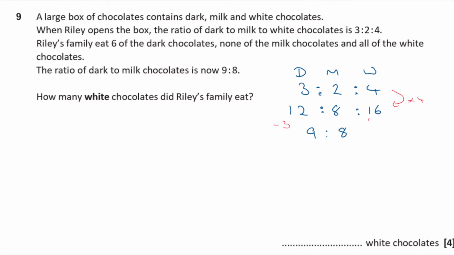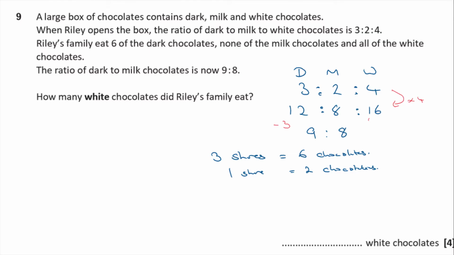So those 3 shares that got eaten were worth 6 chocolates. So 3 shares equals 6 chocolates. In other words, 1 share is equal to 2 chocolates.